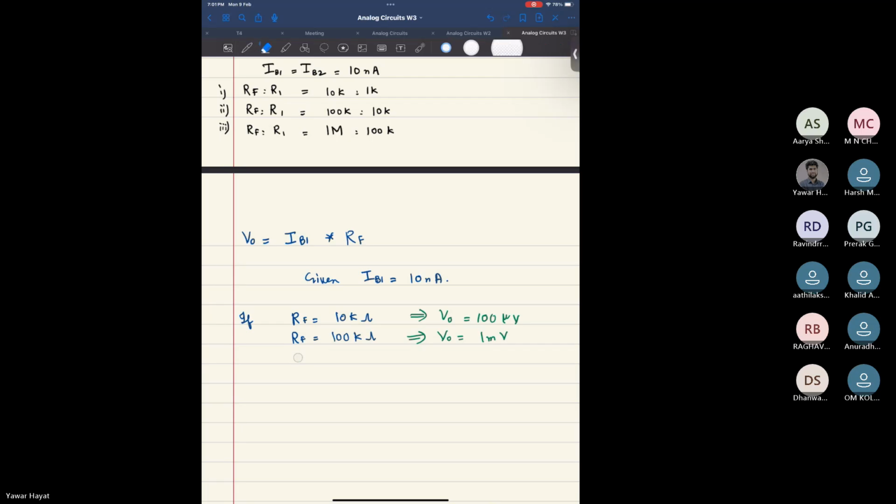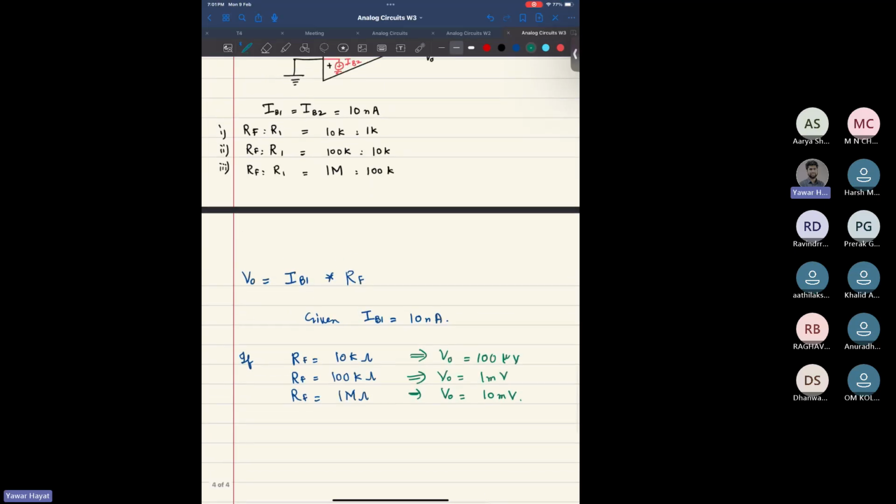And then if your RF is 1 mega, right? That would correspond to V output of how much? 10 milli, right? So that is the output, or I would say answer for these three cases.